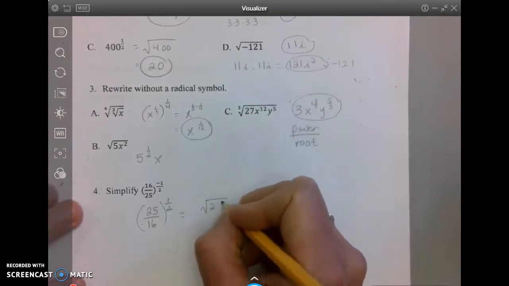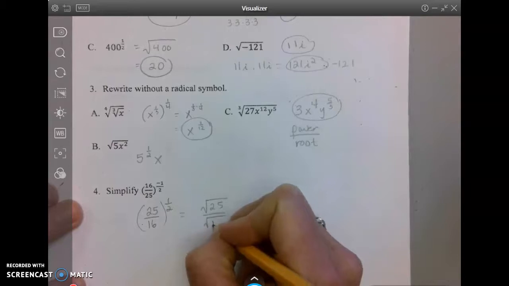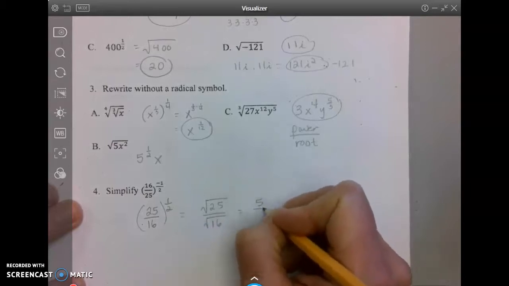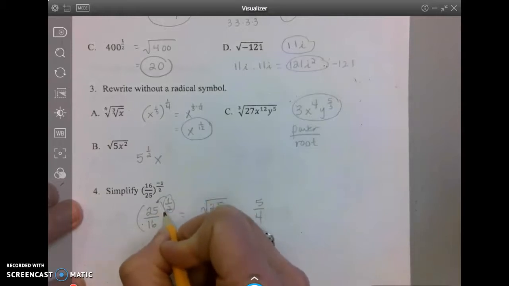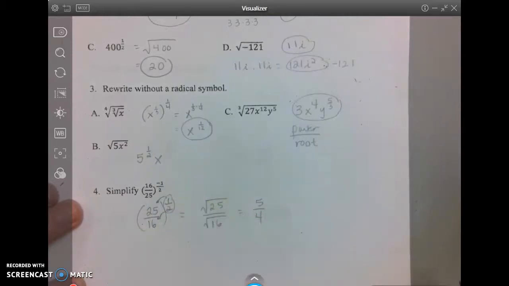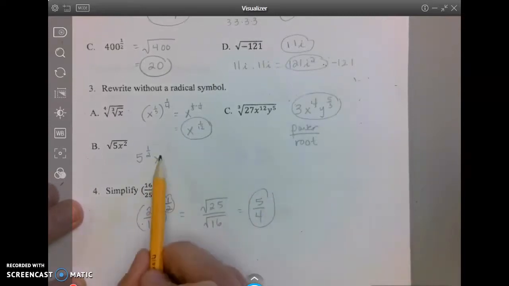So the square root of 25 over the square root of 16 is 5 over 4, because this 1/2 gets distributed to both. So I have the square root of 25 and the square root of 16. That's where I got 5/4 is my final answer.